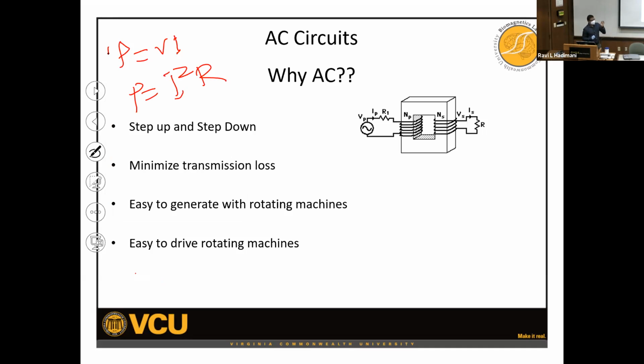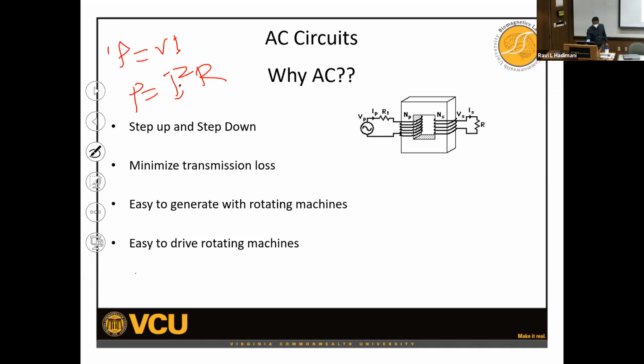That means you have to minimize current. That means you have to make the voltage higher. So what you are getting here, 120 volts, should be ramped up, stepped up to much higher voltage, then the current becomes less here.